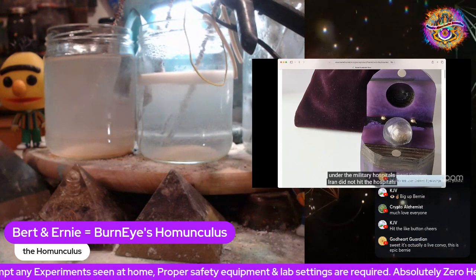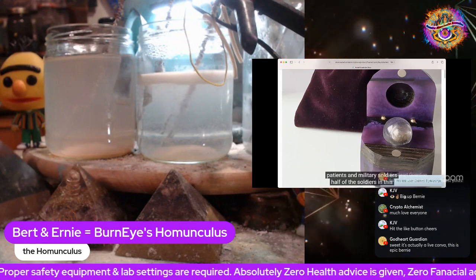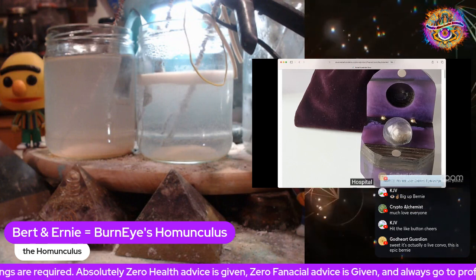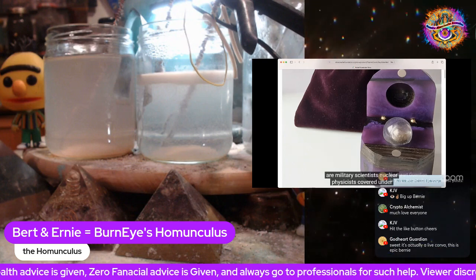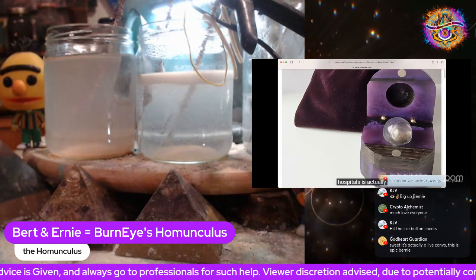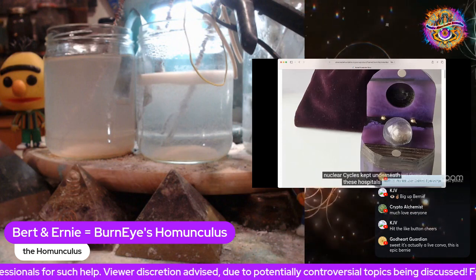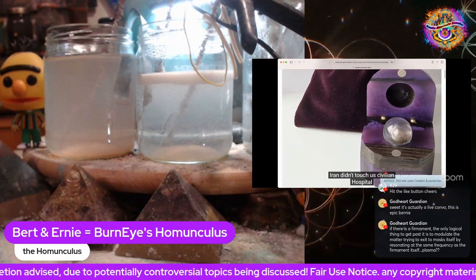Iran did not hit the hospitals to kill patients and military soldiers. Half of the soldiers in these hospitals are military scientists, nuclear physicists, covered under military cover. So when you hear Iran hitting military hospitals, it is actually the nuclear silos kept underneath these hospitals. Iran did not touch a civilian hospital.